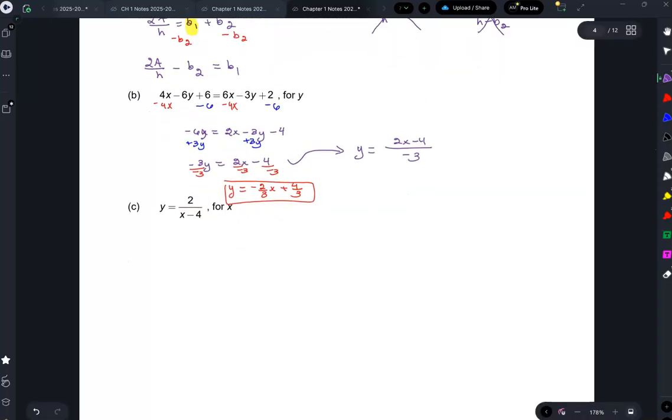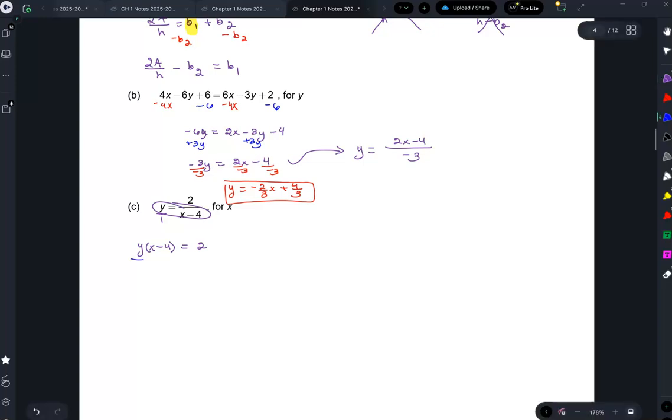Okay, last one, and then we're going to go to the next lesson. So here, we need to solve for x, right? So we're going to cross multiply. Let's go ahead and do that. We'll put this over 1. So here, y times x minus 4 equals 2. Now, if we're solving for x, I've got to get y out of here, okay?